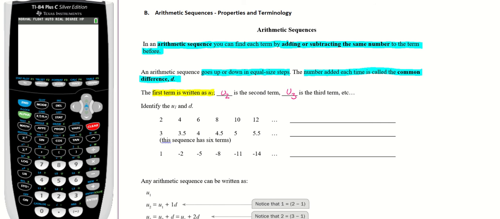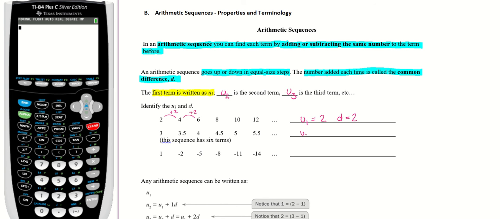We have three examples of sequences here, and for each one we're going to identify U1 and D. In the first one, U1, which is the first term in the list, is 2, and the common difference we can see we're adding 2 each time, so our common difference is 2.